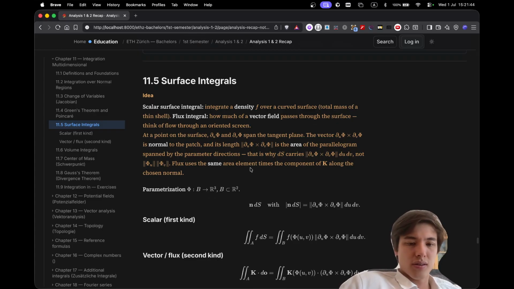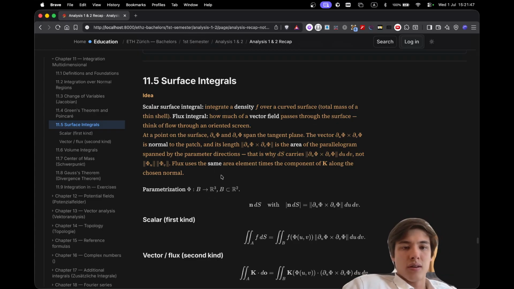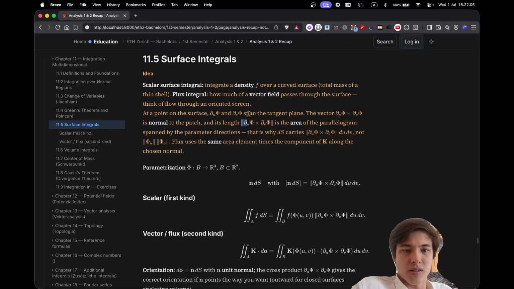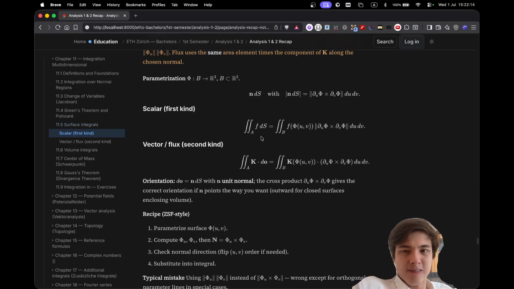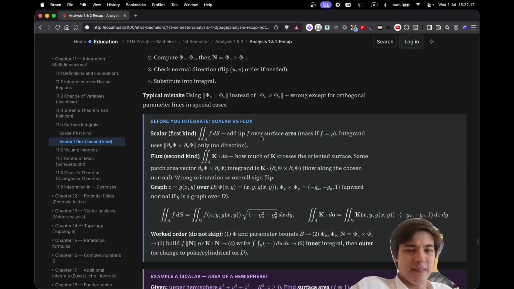Surface integral, so if we have a ball, and then we have flux, how much passes through the curved surface is then the flux integral. So how much is generated inside. Well, I'm gonna skip as well.